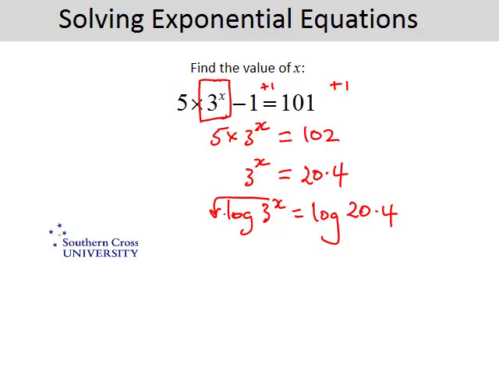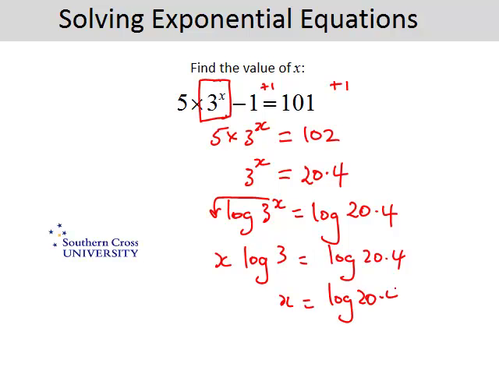Using log law number 3, that exponent can come down in front, so it's now x log 3 is equal to the log of 20.4. So x is equal to the log of 20.4 divided by the log of 3, and if we do that on our calculator, we'll get something like 2.745.